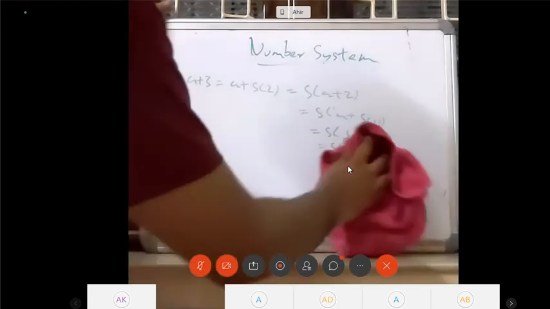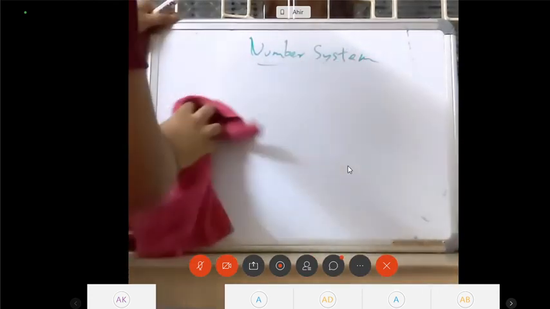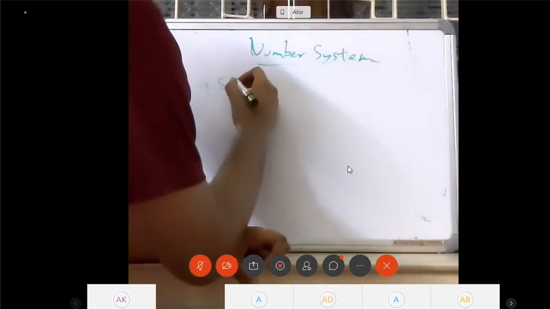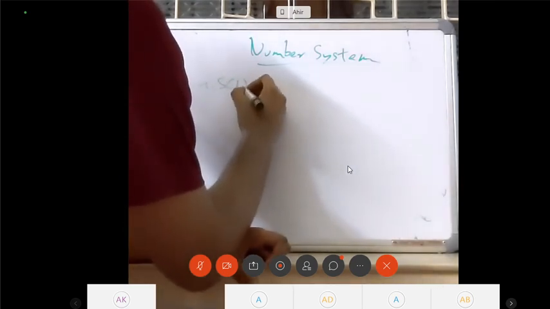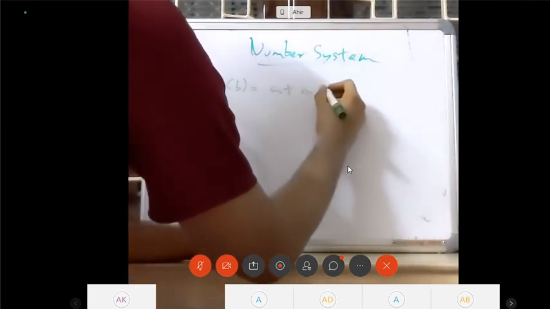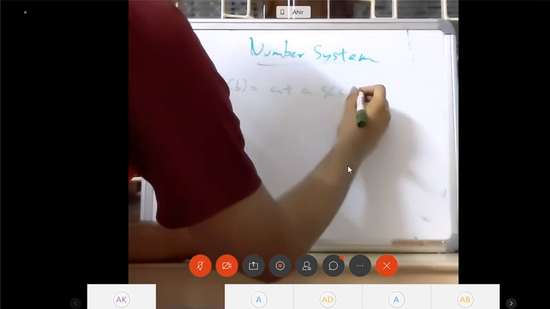So suppose you have A into S of B. What is this? This is A plus A into S of B minus 1.